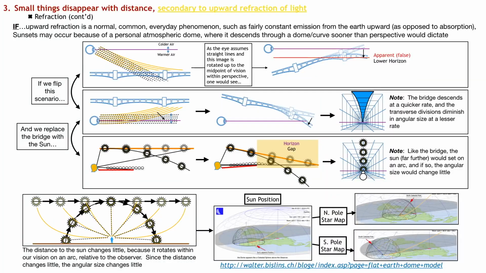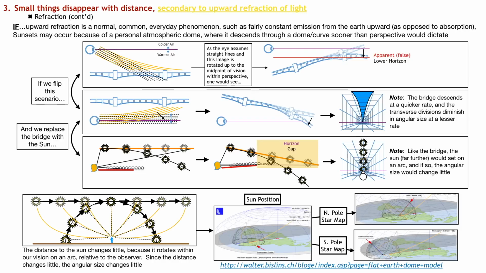But I wanted to speculate here, and this is just speculation, but if upward refraction is a normal, common, everyday phenomenon, such as fairly constant emission from Earth up into the atmosphere, as opposed to absorption, sunsets may occur partly because of a personal atmospheric dome where it descends through the dome or curve sooner than perspective would dictate, and would therefore not reduce in angular size to an appreciable amount. So again, complete speculation on my part, just providing a possible mechanism whereby this would occur.